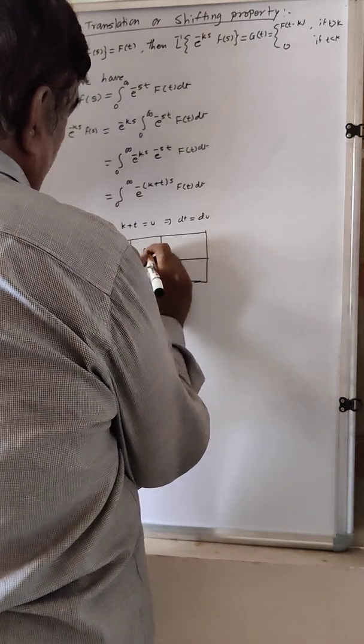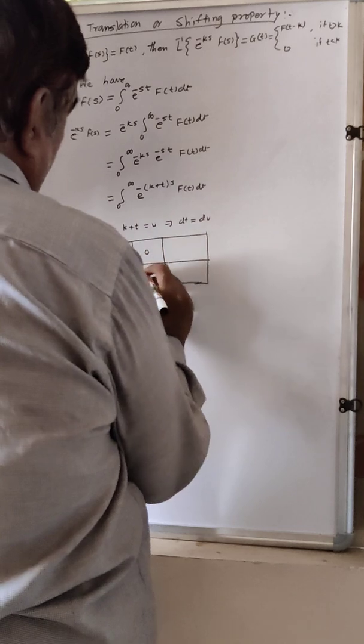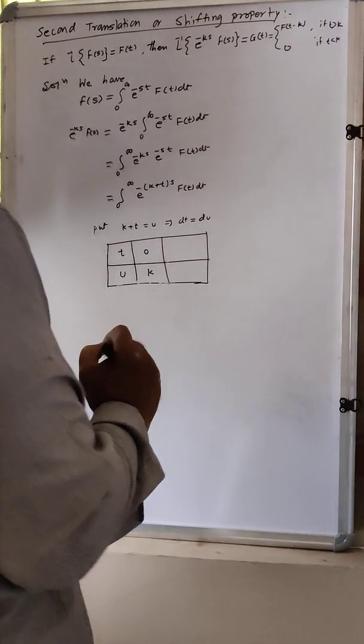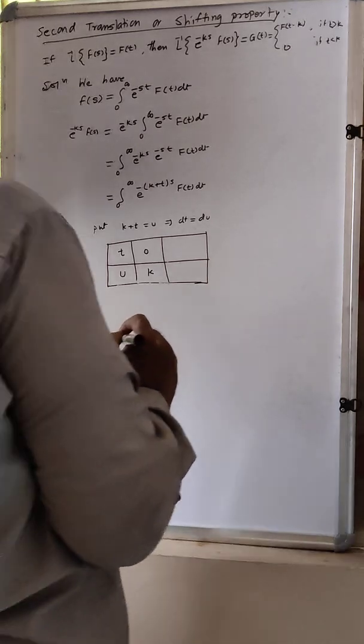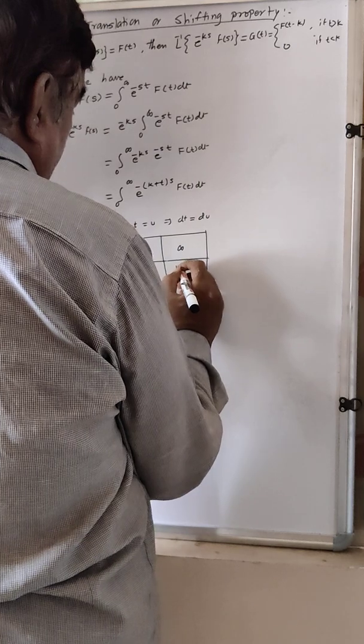If t is 0, therefore k plus 0 is equal to u, therefore u is equal to k. If t is infinity, then u is also infinity.